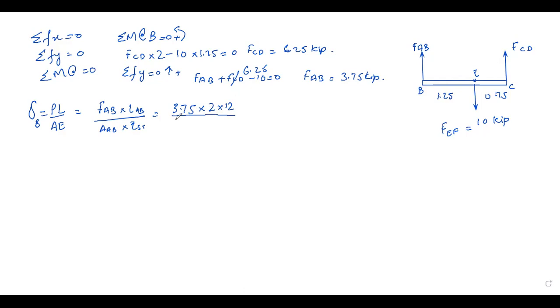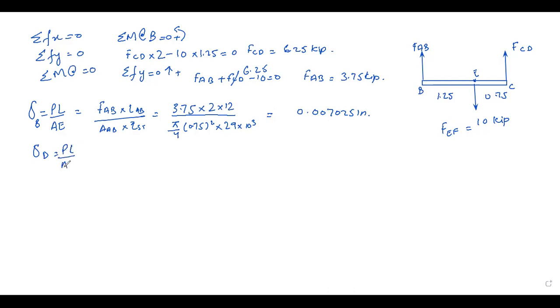Now divided by the area. The diameter was given as 0.75, so pi over 4 times 0.75 squared, multiplied by the modulus of elasticity of steel, that is 29 times 10 to the power 3. By solving this, we get the answer of 0.007025 inch.